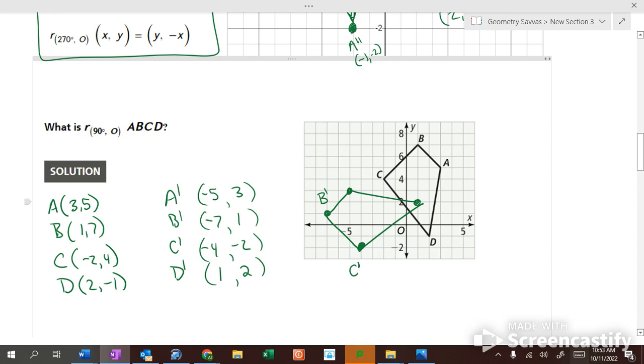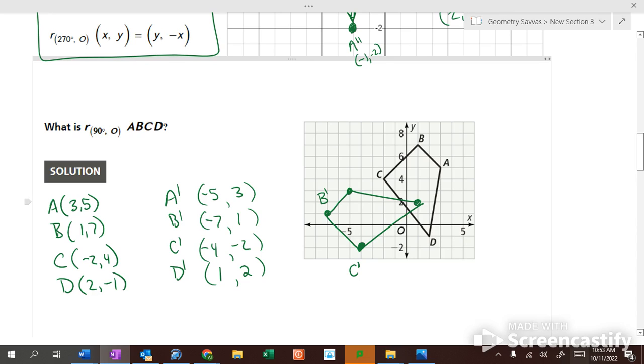So we're going to turn them around the origin of this. So we turn there, we turn it like this, goes right on top of this. Okay, a rotation, 90 degrees.